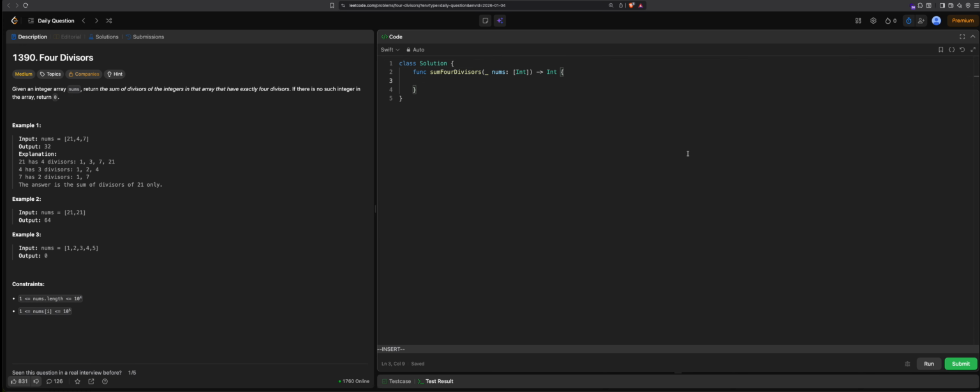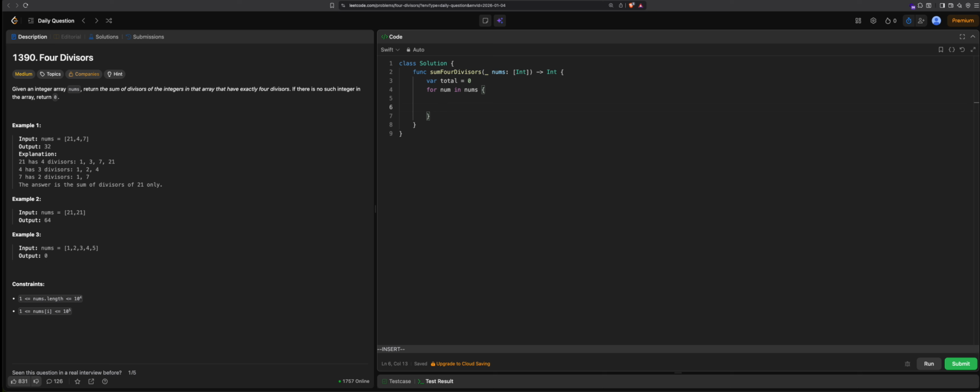I'm going to use a variable called total just to keep track of our result, and then iterate through the numbers one by one with for num in nums. We need to check the base case.